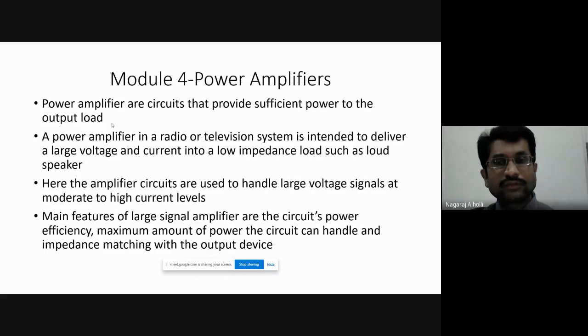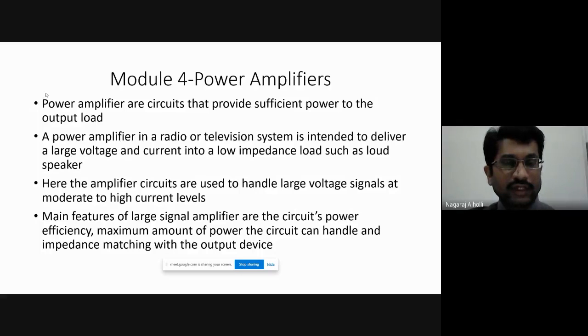There are two types of signals. One is small signals and another one is large signals. Small signals are in the range of microvolts or millivolts, whereas the large voltage signals are in the magnitude of few volts. So that is the difference between small signals and large signals.